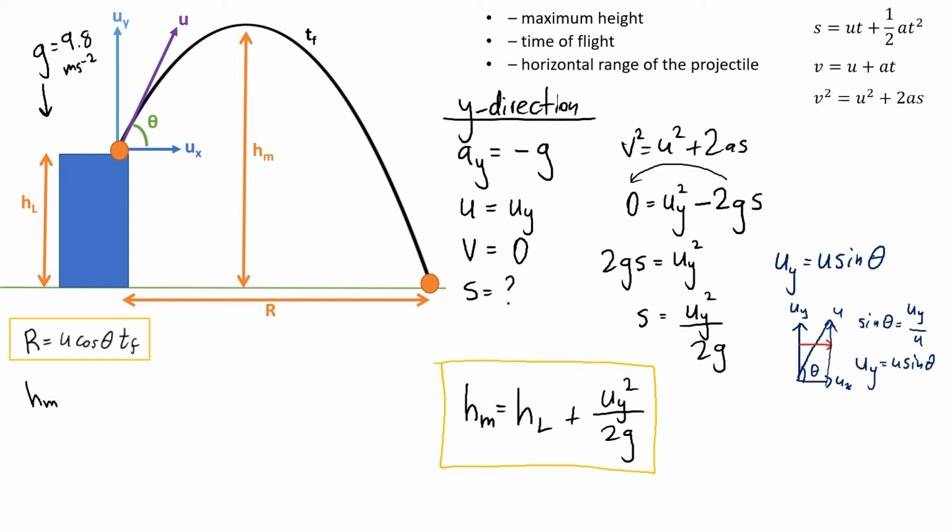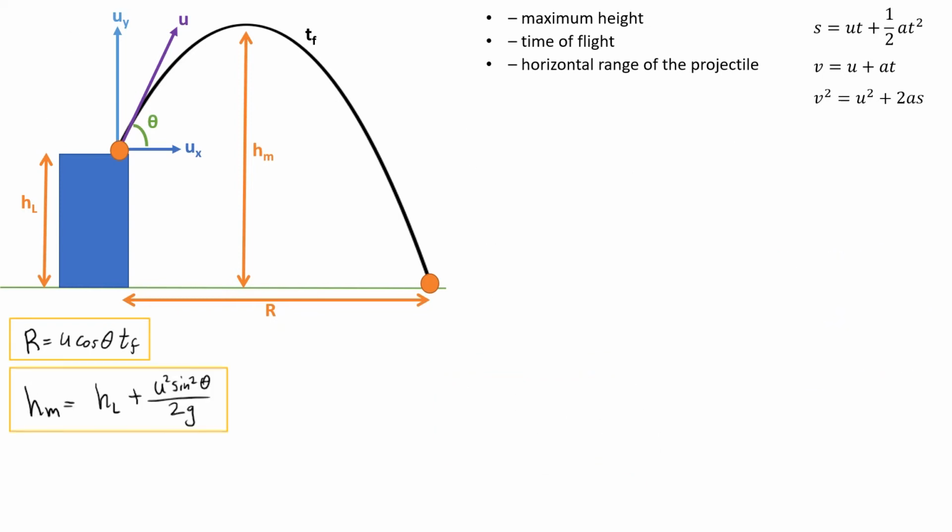hM is going to equal hL plus u squared sine squared theta divided by 2g. Okie dokie, so just making that nice and neat, we now have our expression for the maximum height using the initial velocity, the launch angle theta, as well as g, basically the acceleration due to gravity, whether that be on Earth or elsewhere.